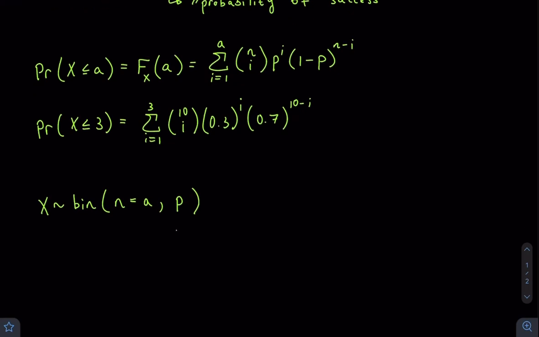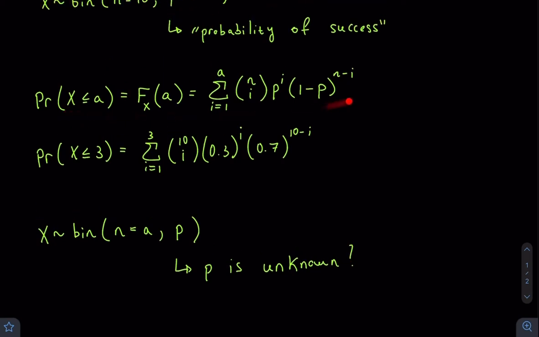So what if p is unknown? That's a problem because if the probability of success is unknown, then we won't be able to solve a probability like this because we require p in order to solve this equation.